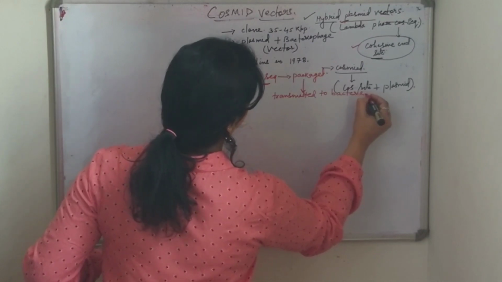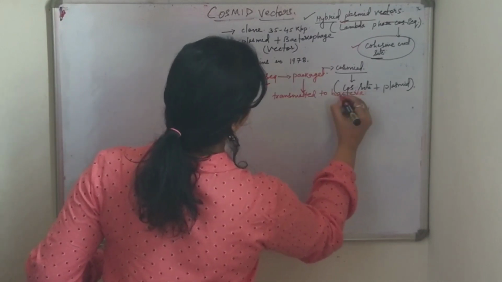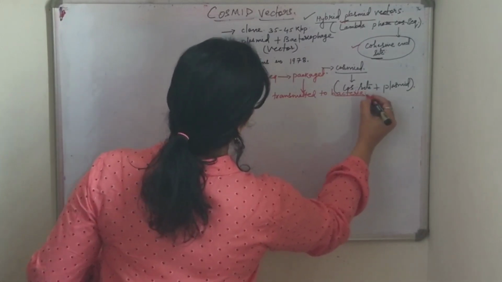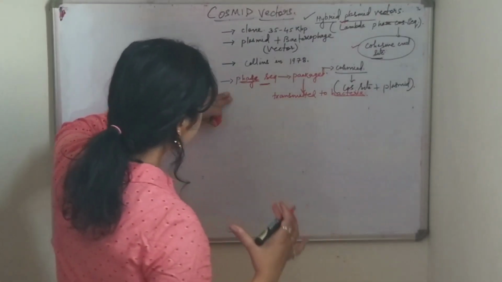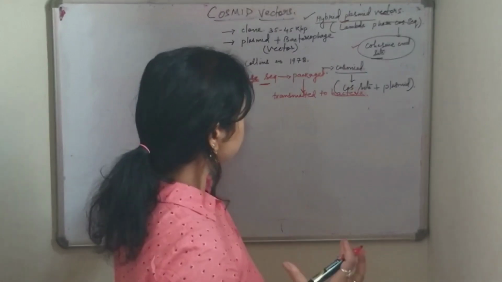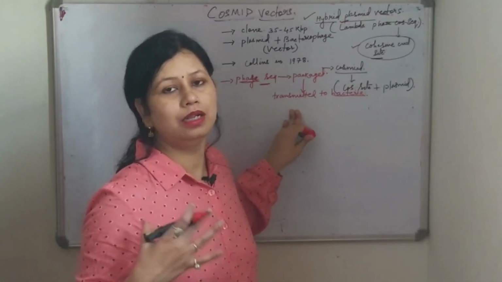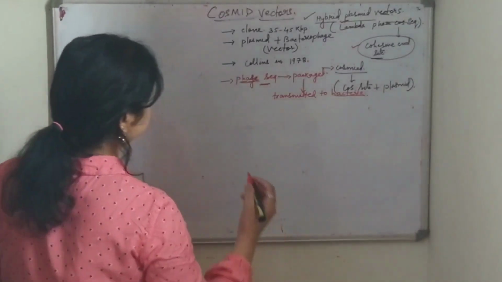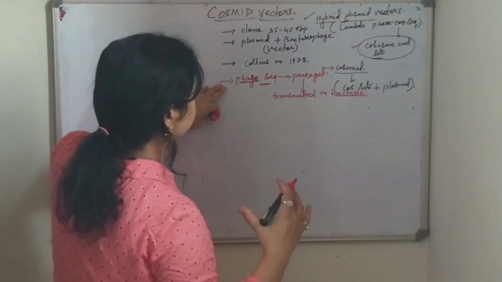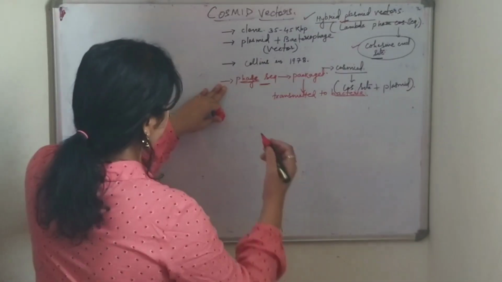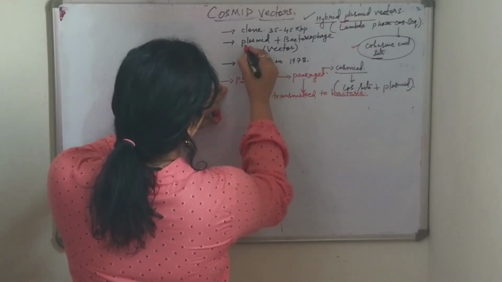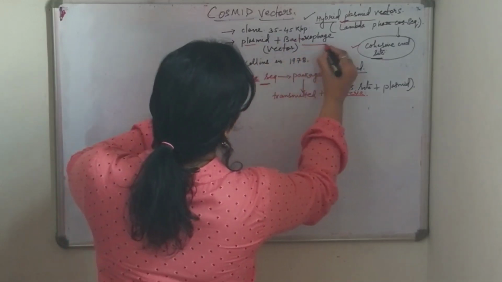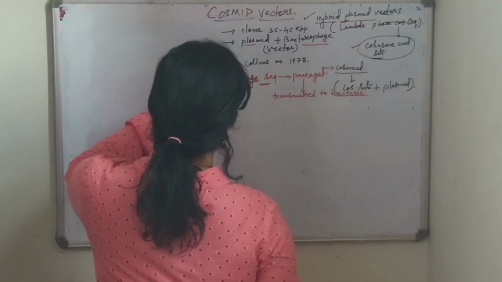Now it's clear that cosmid DNA sequences are from the lambda phage as well as from the plasmid. It is developed by combining the features of plasmid and bacteriophage vectors.